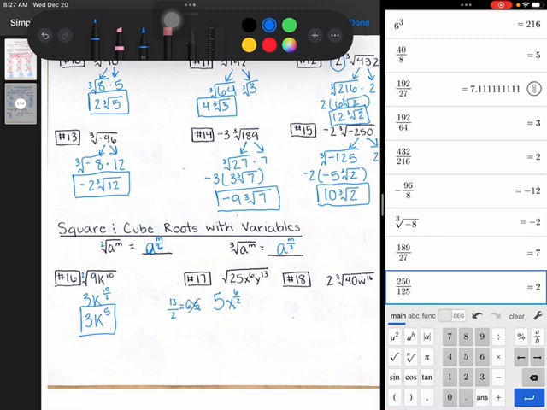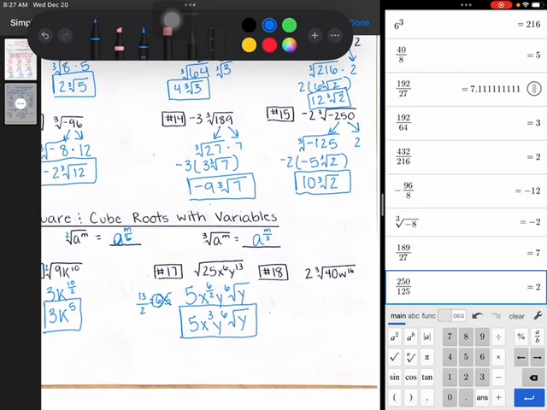So whenever that happens, I take the whole number, so the 6, and it'd be like y to the 6th power, and then I have 1 y left over. That 0.5 means that there was 1 y that couldn't fit into my perfect square. So I have 5x to the 3rd, y to the 6th, and then 1y still as my radicand.